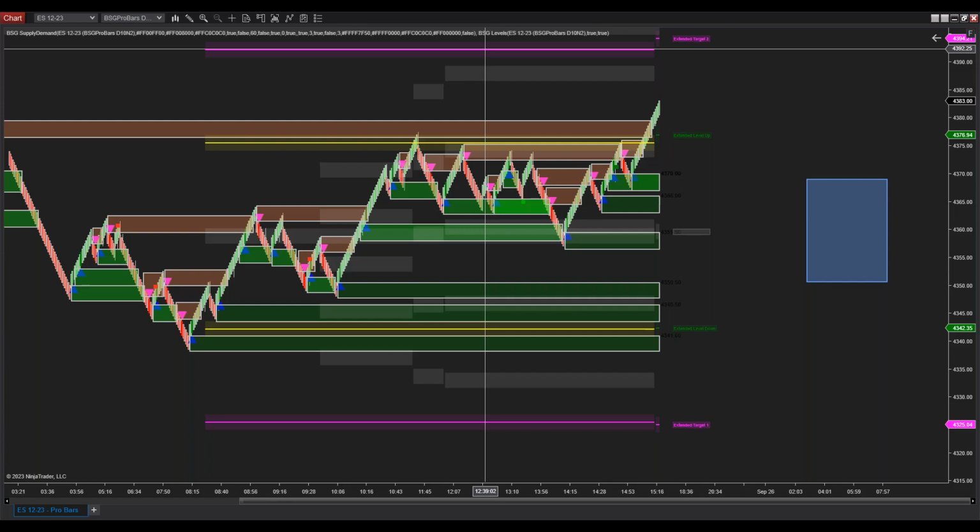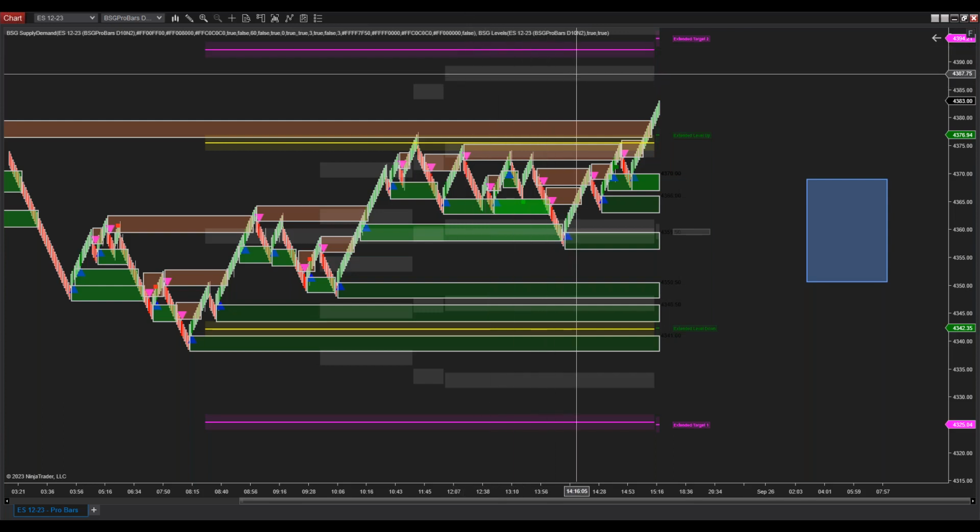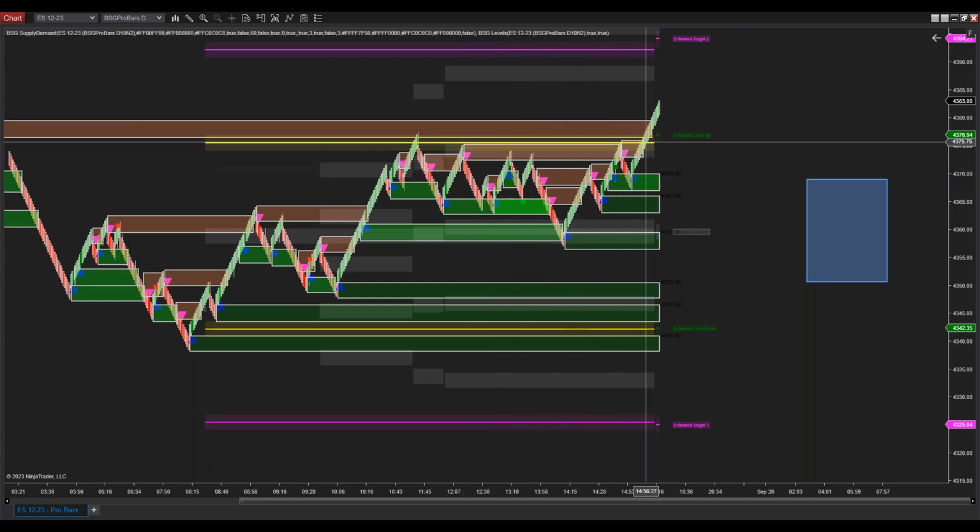The third most important part is these gray areas. You can look at the past using supply and demand zones, but for the future, these gray zones show where you can expect future supply and demand.